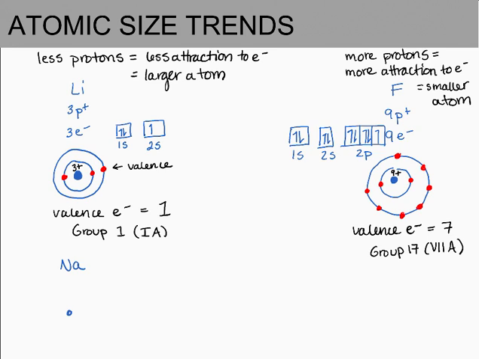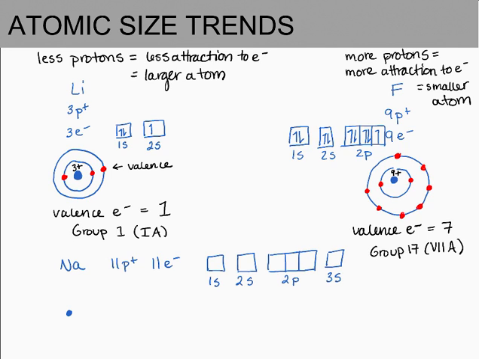Okay, so let's draw the nucleus. And sodium has 11 protons and 11 electrons. And if we draw out its electron or orbital diagram, actually this is quite long. So this is 1s, 2s, 2p, 3s.